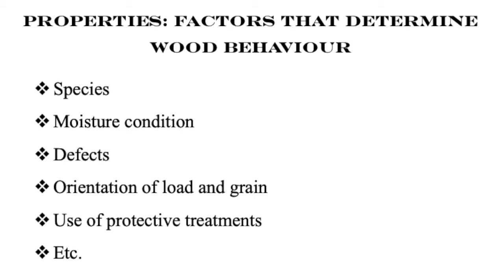It will be things like the species, because there are different types of trees, like we saw in the different classes. They will determine how the wood behaves. It will be the moisture condition, the defects, the orientation of load to the grain, and many other ones.